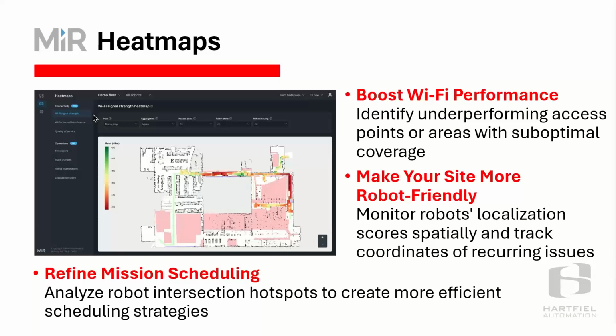Using this data, you can pretty easily determine where the fleet is losing efficiency due to poor connectivity, or for example, where robots are being e-stopped or being delayed along their route. In high traffic areas, you can see where the robots have to wait because they are being e-stopped.